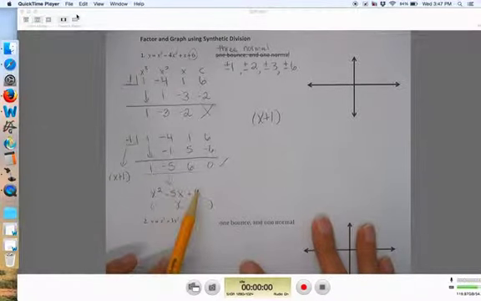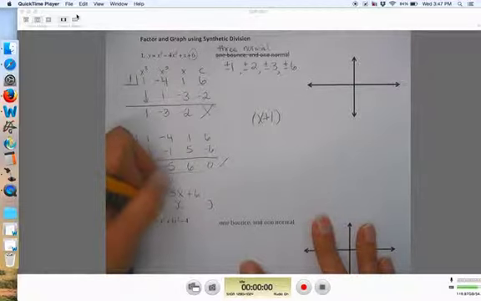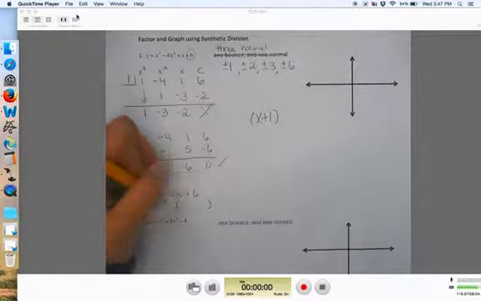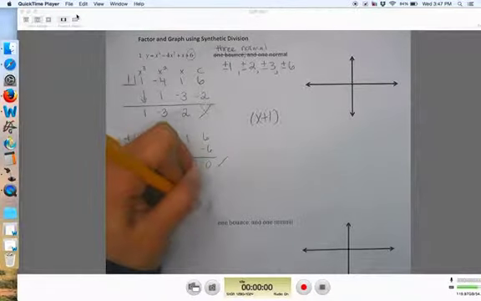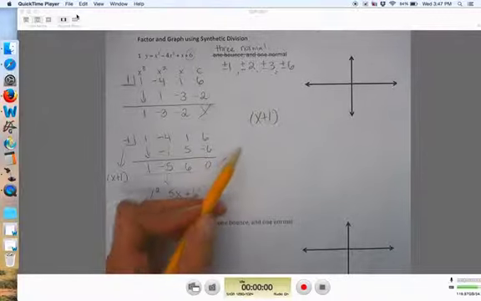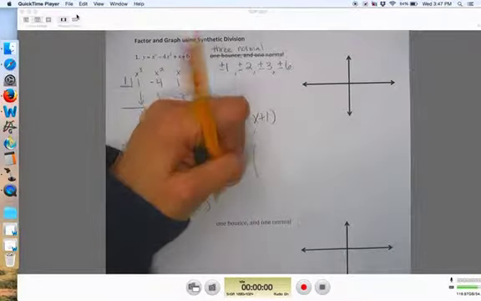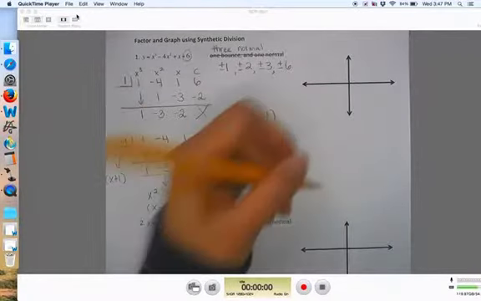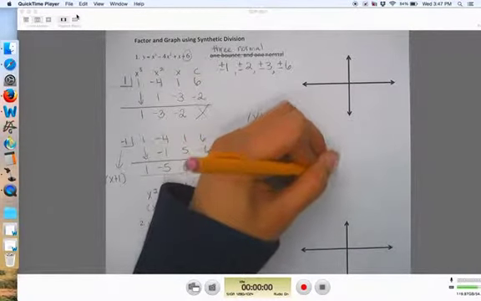And we want to multiply to get to 6 and add to get to -5. So x minus 2, x minus 3. So we have these two factors plus the x plus 1 factor. So we have y equals x plus 1 times x minus 2 times x minus 3.